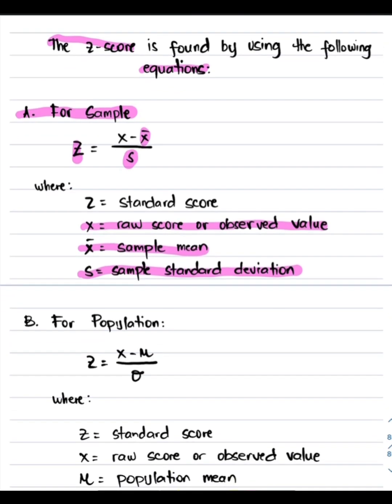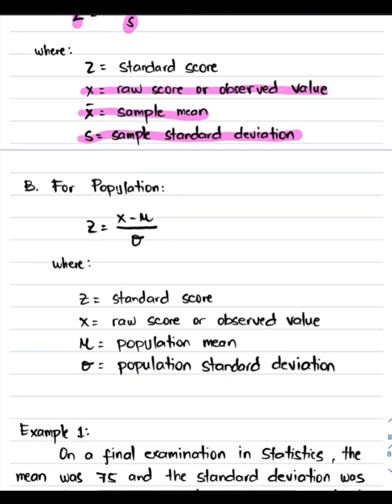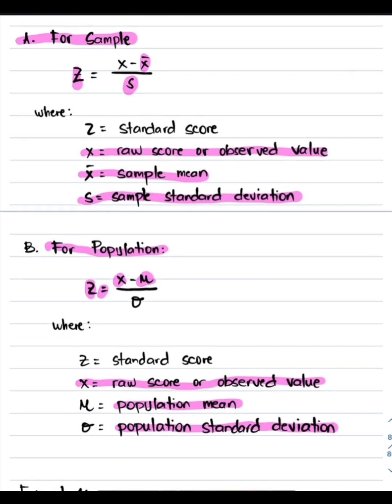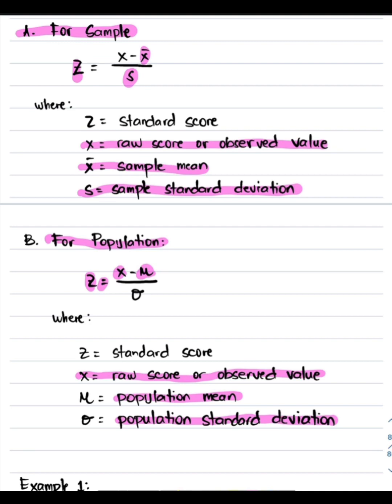That is formula number 1. Formula number 2, for population: z equals x, the raw score or observed value, subtract the population mean, over the population standard deviation. Tandaan, iba-iba yung symbol in order to find the z, but the result is still the same.